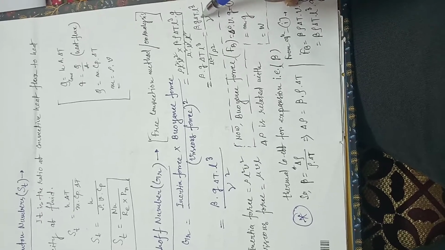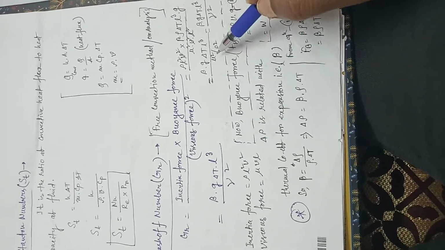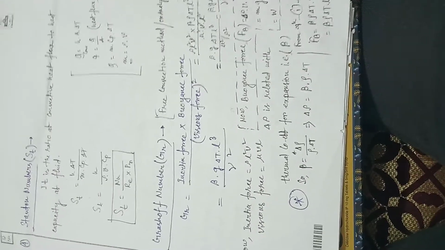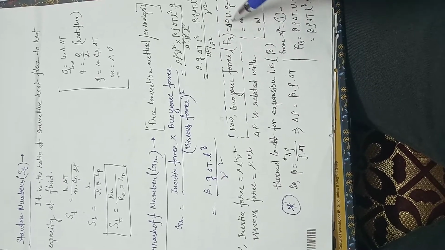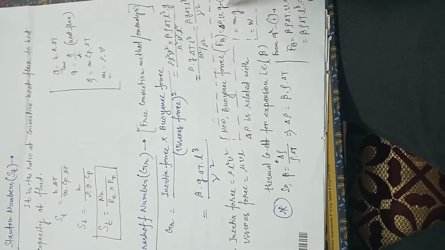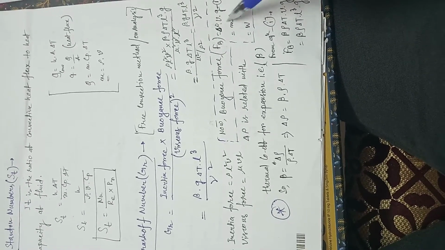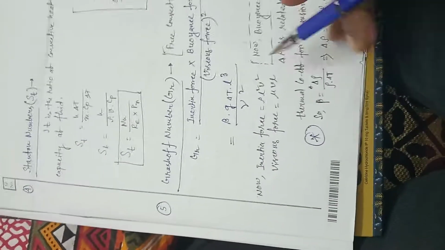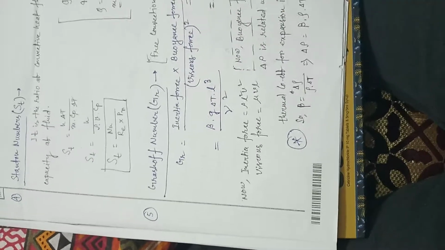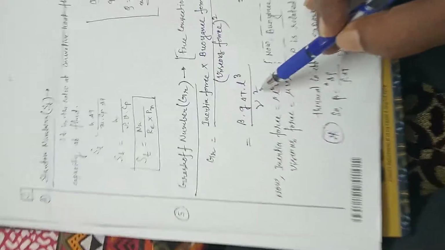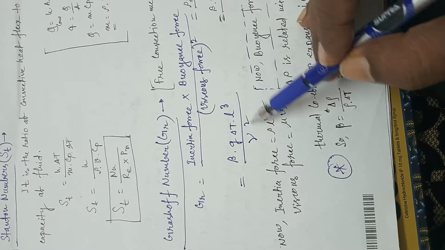So beta g del T L cube by, we know nu equals mu by rho, it gets into this form. We know the buoyant force is the change in density into specific volume into gravitational force, and this term is mass times g, that is the weight, the buoyant force. So inertia force is this and viscous force is this. The ultimate Grashof number can be calculated by beta g del T L cube by nu square.